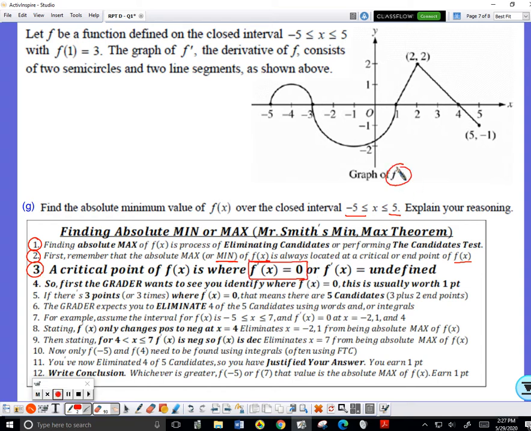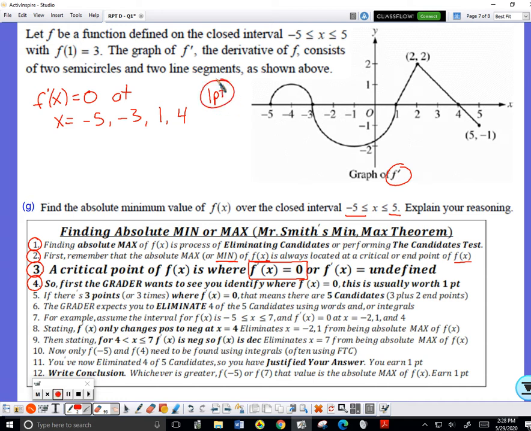This is f prime. So if I write on my paper here, step 4, f prime of x is equal to 0 at x equal -5. That's also an endpoint, so it's accounting for 2 things there. -3, 1, and 4. Right there they'll give you 1 point for doing that.